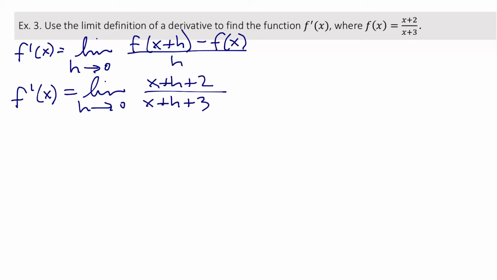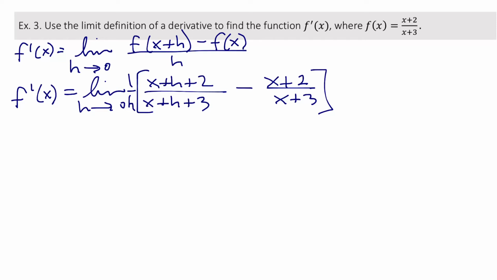So that's substituting x plus h into this x and this x. Now we're going to subtract f of x, which is this function. And then we're going to divide by h. So let's put the h right here. That's the same thing as dividing by h.